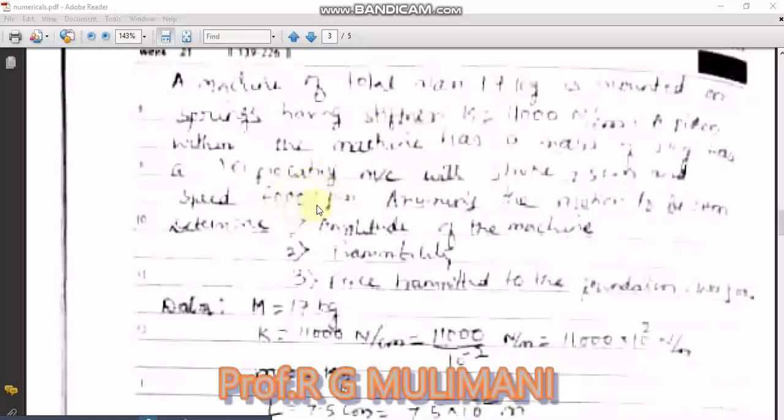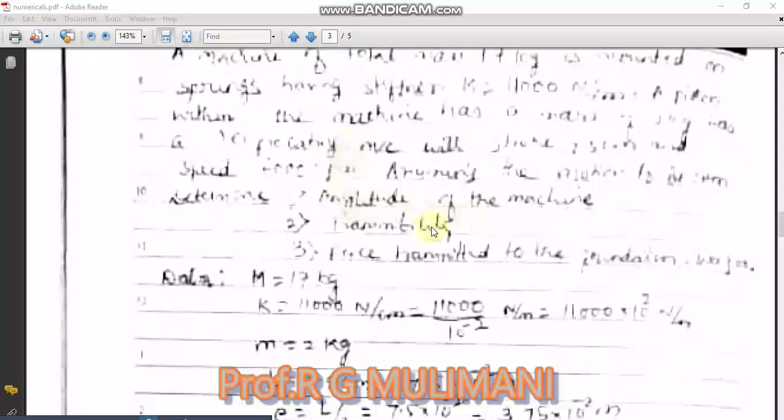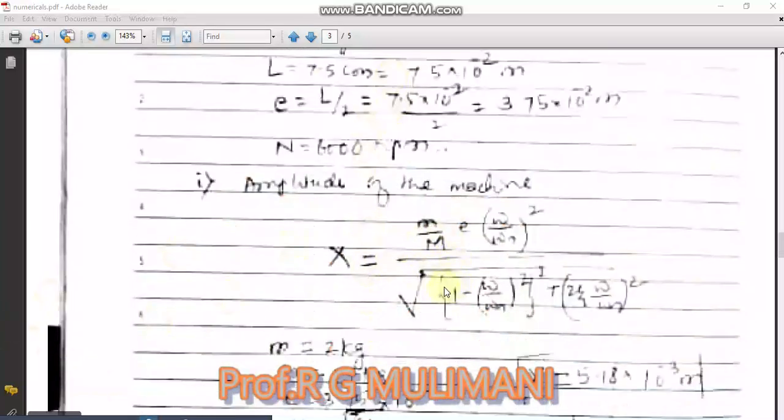By this 6000, we can find the frequency of the system, omega equal to 2 pi n by 60. The stroke length L is given, so we can find the eccentricity, e equal to L by 2. Again, it is asked to find the amplitude of the machine. You just substitute all the values: small m is 2 kg, capital M is 17 kg, eccentricity is L by 2, omega you can find by 2 pi n by 60.